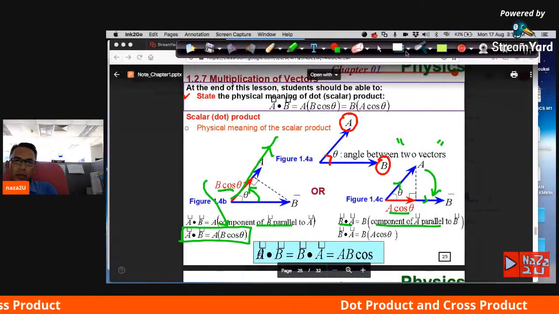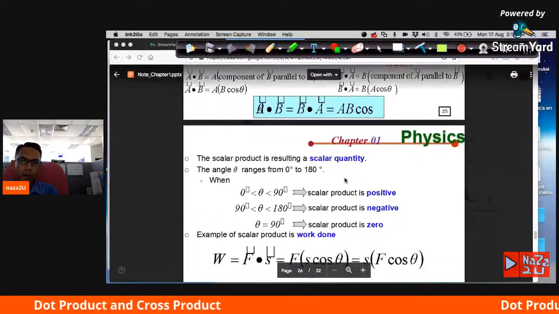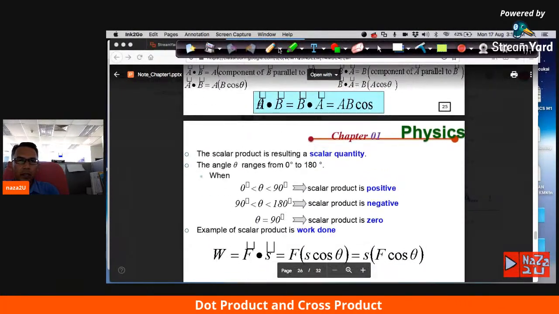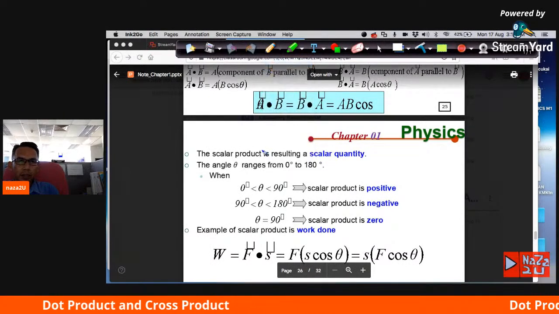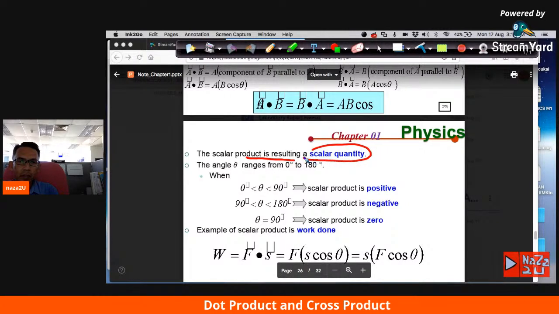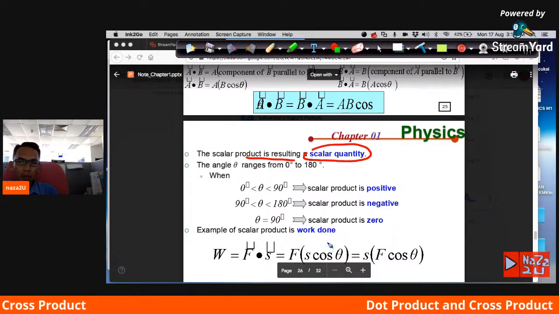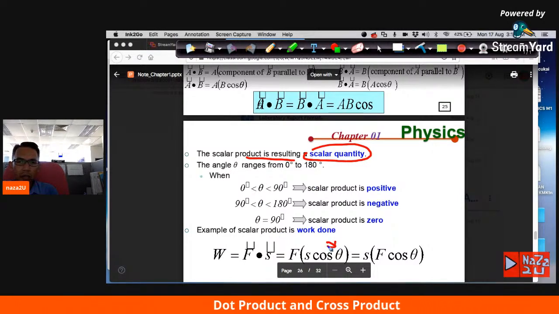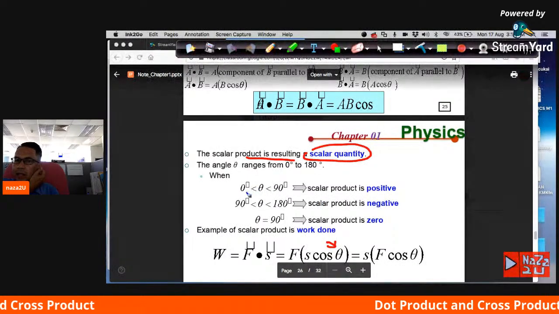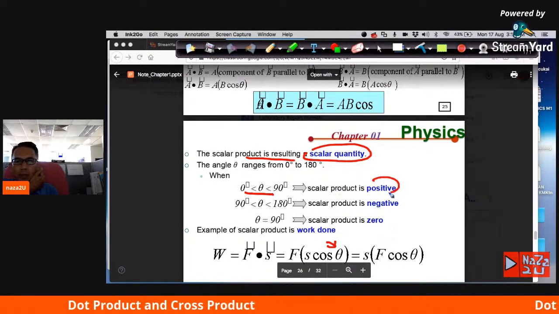Okay, so next. The scalar product results in a scalar quantity, right? This is the scalar quantity, and because this is cos theta, if theta is greater than 0 and less than 90, the scalar product is positive.